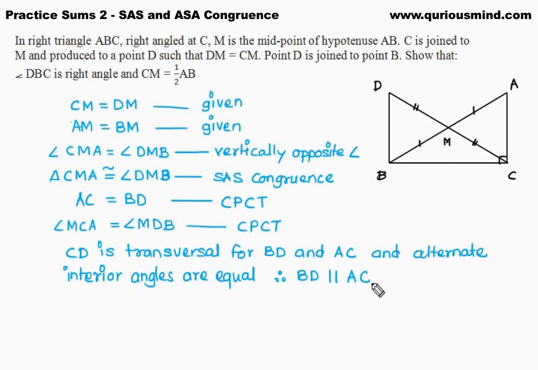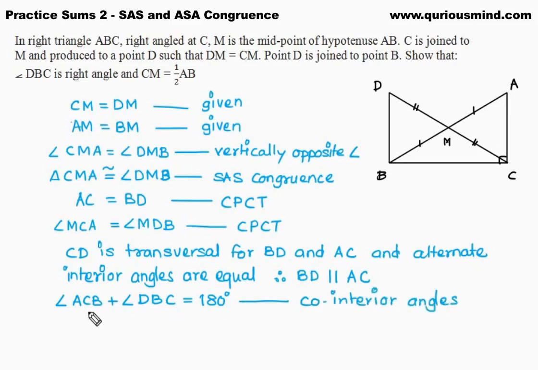Now, once we know BD is parallel to AC, that means, because these two angles are co-interior angles, but we know angle ACB is 90 degrees, and therefore angle DBC also will be 90 degrees. So this is our first proof. Angle DBC is a right angle. So we have proved that.